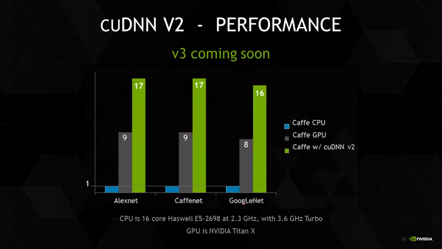And we compare to a 16-core Haswell CPU using an NVIDIA Titan X as a GPU. We find that purely using GPU acceleration versus running Caffe on the CPU, we get about this 8 to 9 times speed improvement I described before. If we then also add in NVIDIA's cuDNN version 2 library, which can be used seamlessly and transparently within Caffe, we find we actually get up to about a 16 to 17 times performance improvement.